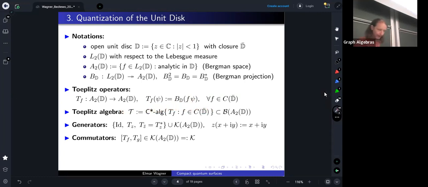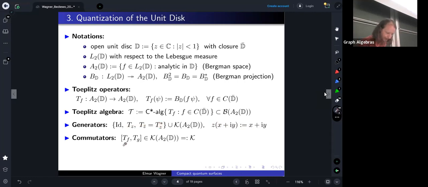Here we have generators. So if you take the identity map on the disk, and consider the corresponding Toeplitz operator, since the identity map generates, by Weierstrass, the continuous functions on the circle, these are generators of the Toeplitz algebra. And from there, many theorems can be proven just by looking at the generators.